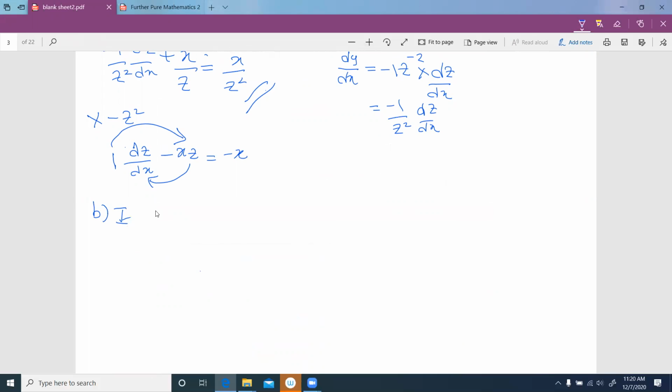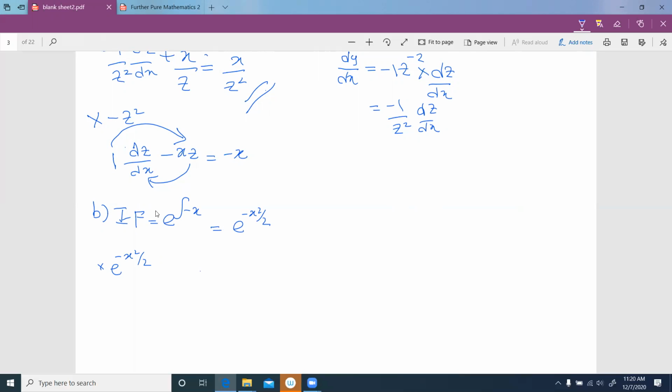If you get the integrating factor, IF is e to the power integration of, if you remove this, it's minus x. Right. So this answer is e to the power minus x squared over 2. Right. Then I can multiply everything with e to the power minus x squared over 2. So what do you get with it?